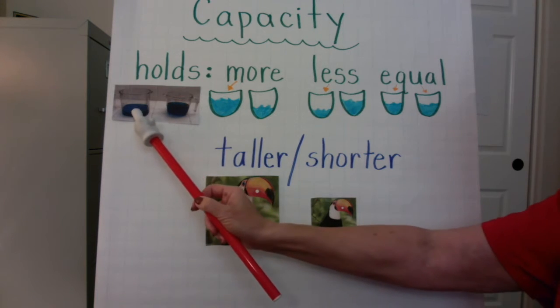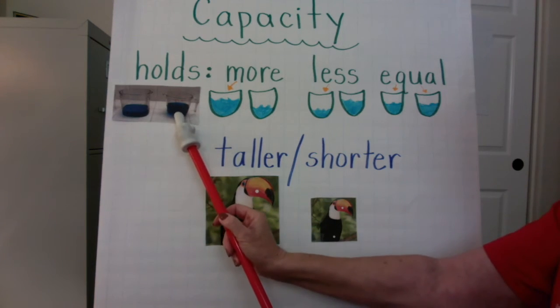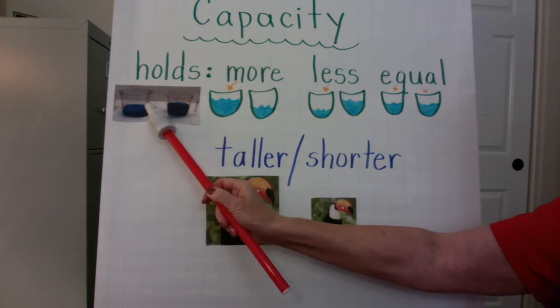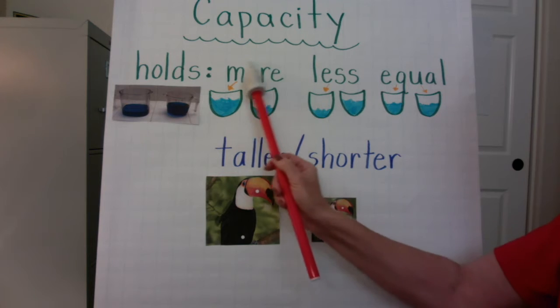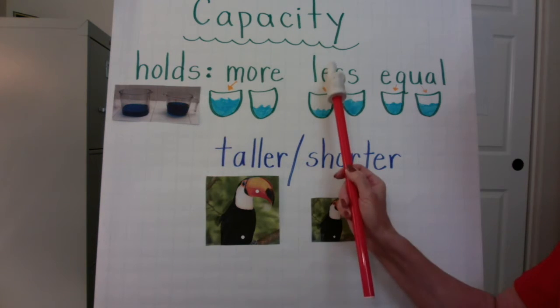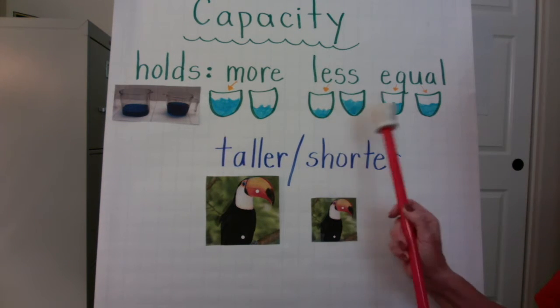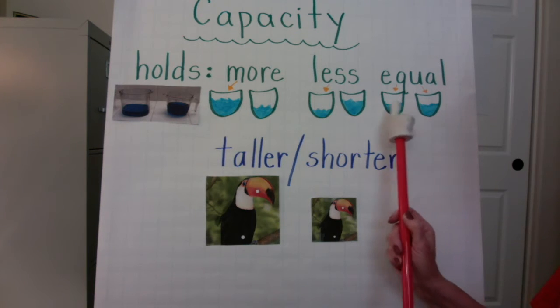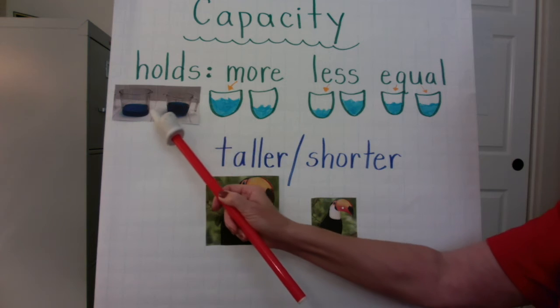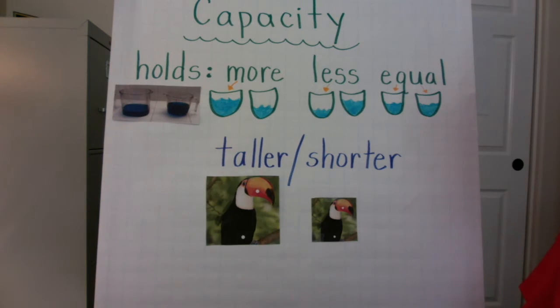I put blue liquid in each cup, and I want you to see which one has more. So we have which one has more, this one, less, this one, equal. Both of these are the same. Remember, equal means the same. So now let's watch this experiment.